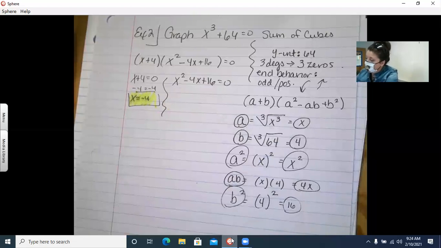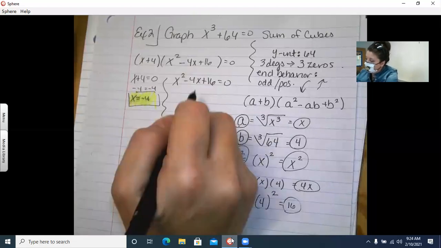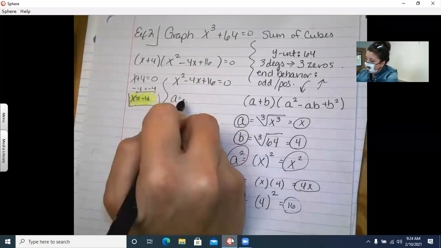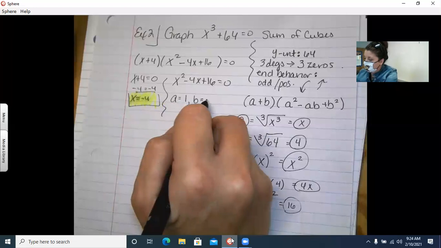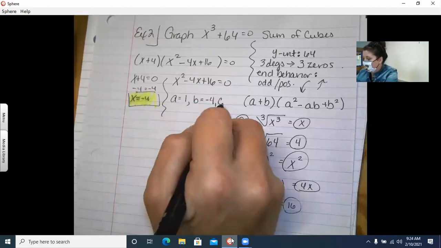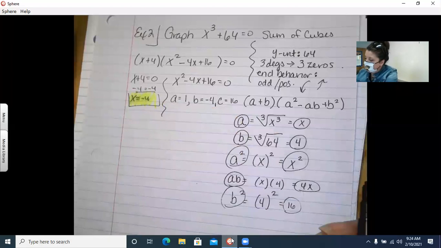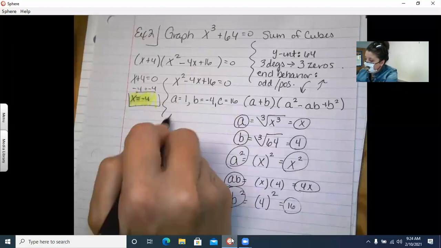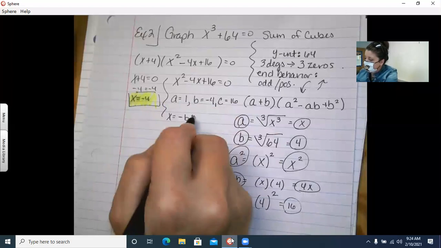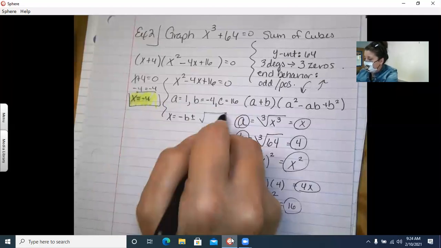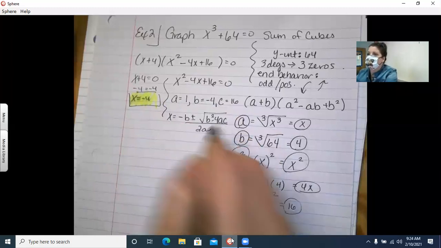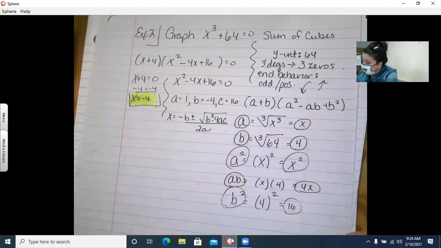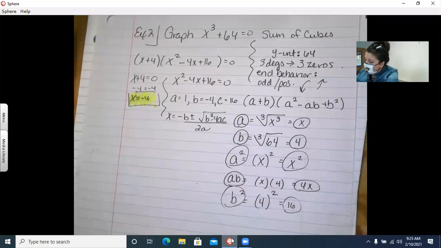So if I'm doing quadratic formula, what is A equal to? 1, it's the coefficient, right? What is B equal to? -4. What's C equal to? 16. So quadratic formula, x equals -b plus or minus square root of b squared minus 4ac, all over 2a. All right, x equals.